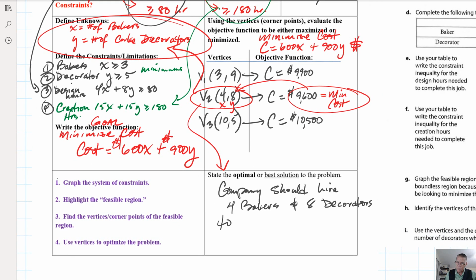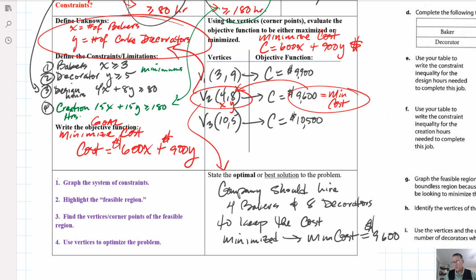The minimum cost would be, up there, $9,600.